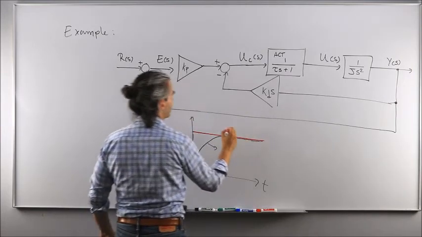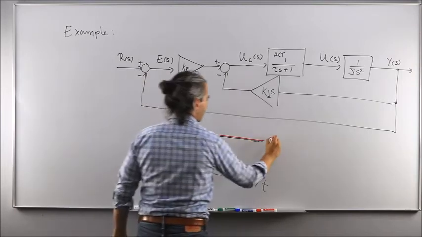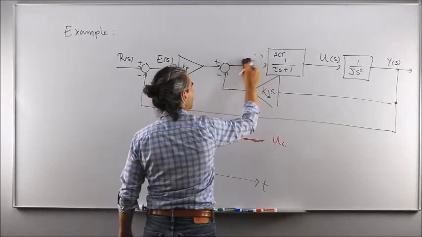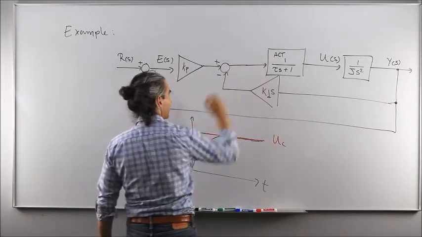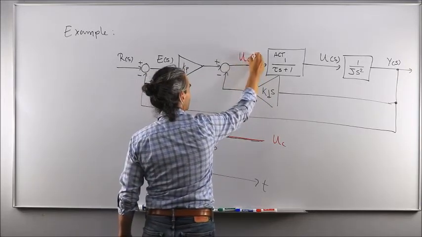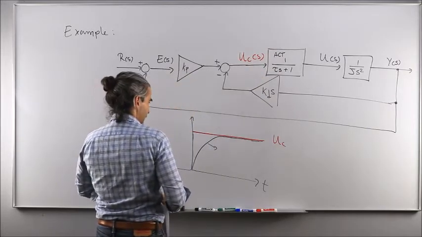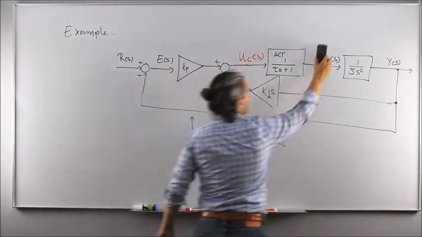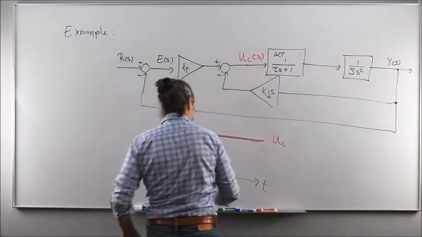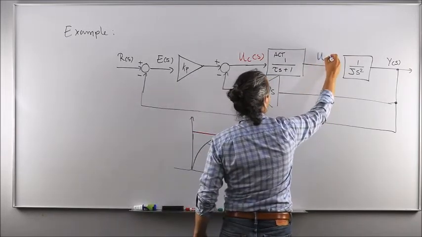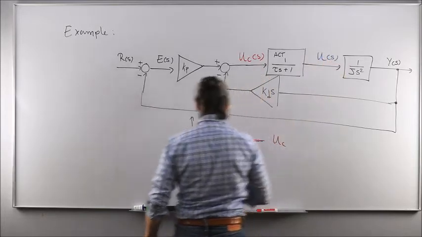It's called UC, the line in red, which is the desired torque as calculated by the controller. And say in blue, the physical torque being imparted onto our spacecraft.